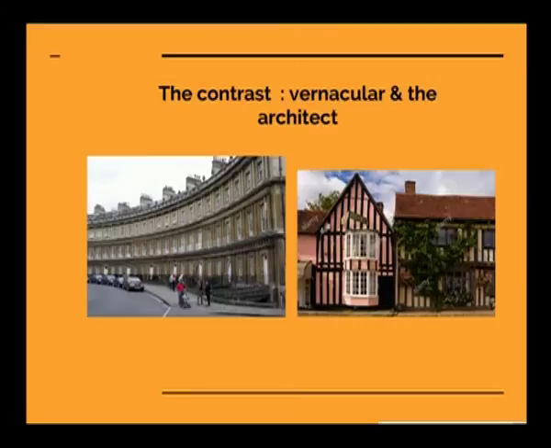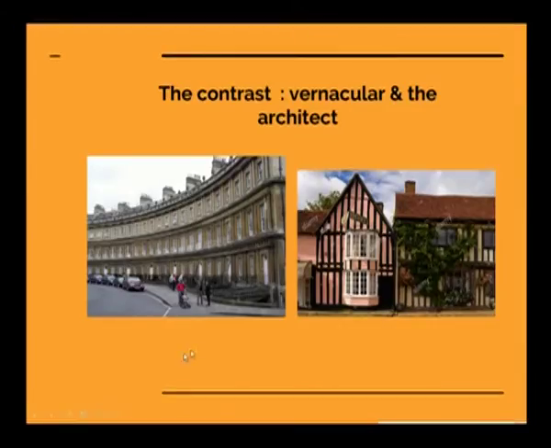So, the next topic we will be going through is the obvious relationship between vernacular and the architect. I would like you to consider these two images. The one on the left is in Britain, British colonial architecture properly. The image on the right is also in Britain, England of course, but it is vernacular architecture. So, if you look at them both, you will understand visually what I mean.